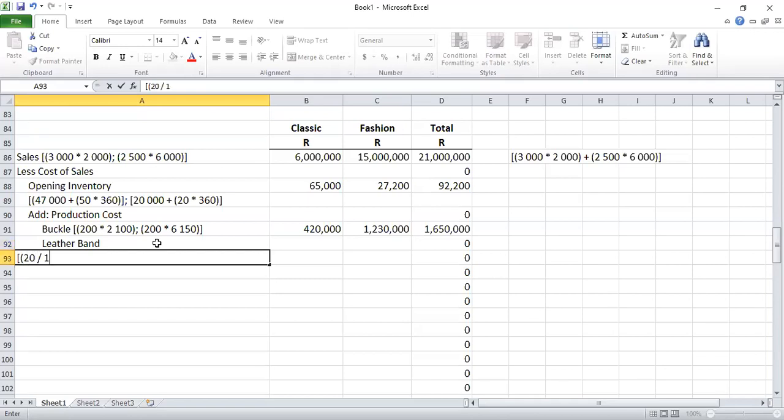Then we divide by 100 to make them meters. Then multiply by the number of units, 2,100, times the price, which is 400.